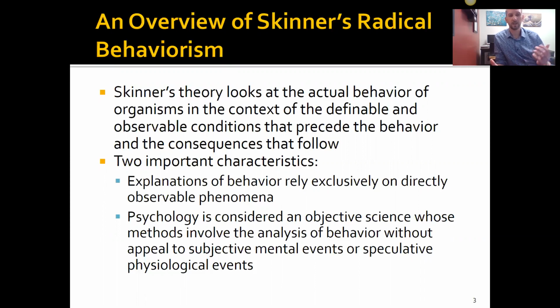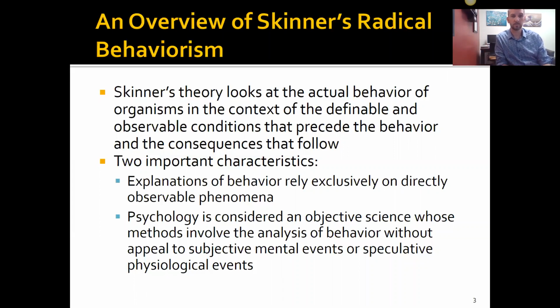What does that mean? He's looking at behavior and saying the behavior arises in a certain context. There's stimuli, things that were occurring before the behavior, and then there's consequences of the behavior, that our actions have an effect on the world around us.